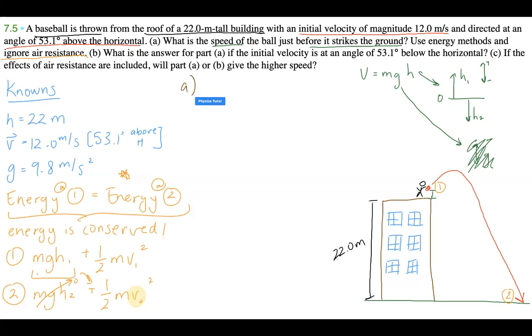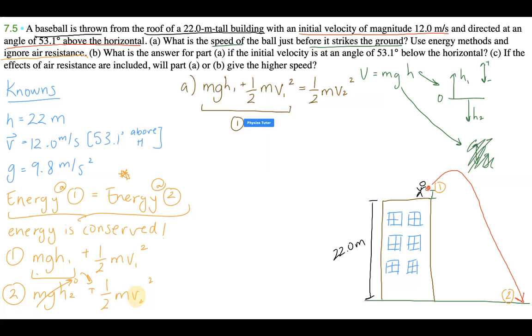Okay. Well, we know that energy at 1 is mgh1 plus half of mv1 squared. And that's equal to half of mv2 squared. Okay, so that's all the energy at 1, right?